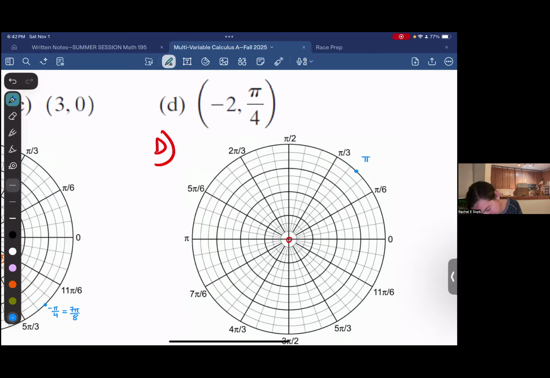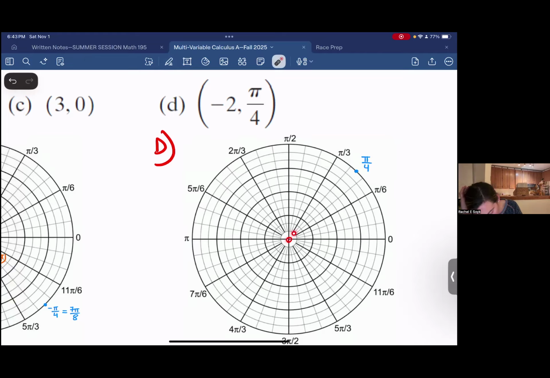So this is our pi over 4. And if we go out to here, 1, 2, this would be 2 comma pi over 4, but we want -2 for our r, so we're going to go in the opposite direction.